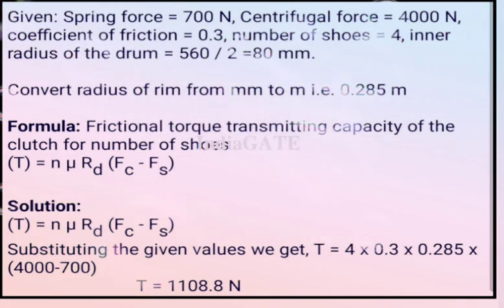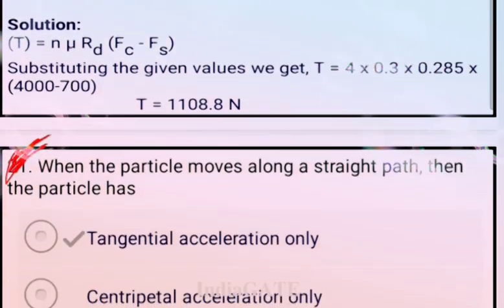So now using the formula of the frictional torque transmission capacity of the clutch for the number of shoes, T is equal to N mu R_D (FC minus FS). Now putting all the values here we get the solution. T is equal to 1108.8 Newton. So option A is your correct.